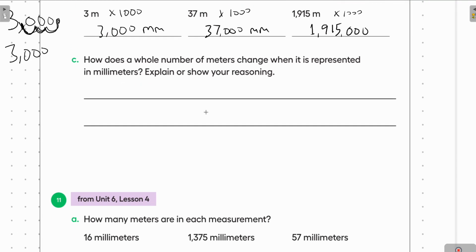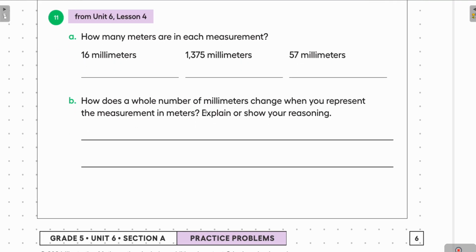Okay, let's do another example here. How about this one? How many meters are in each measurement? Well, the first thing that we need to know is that 1 meter equals 1,000 millimeters.